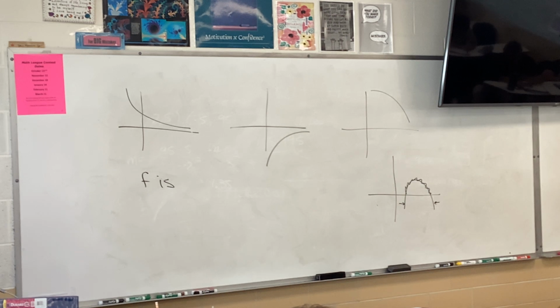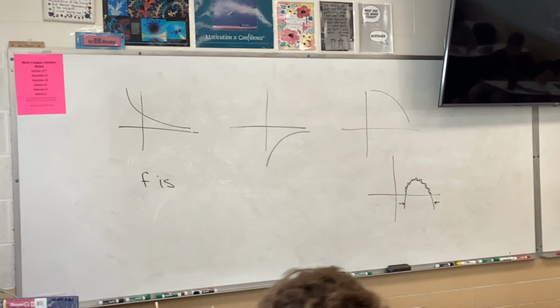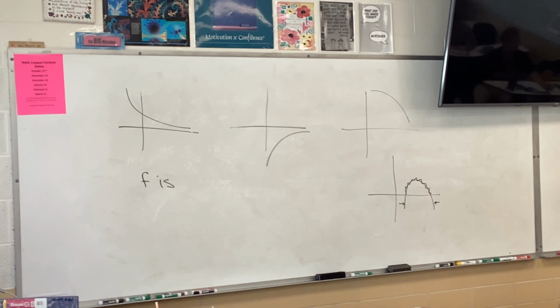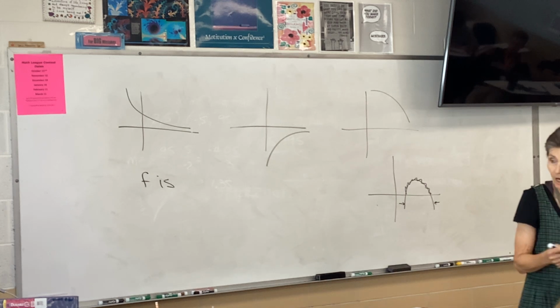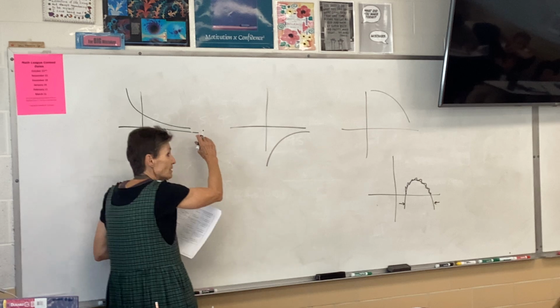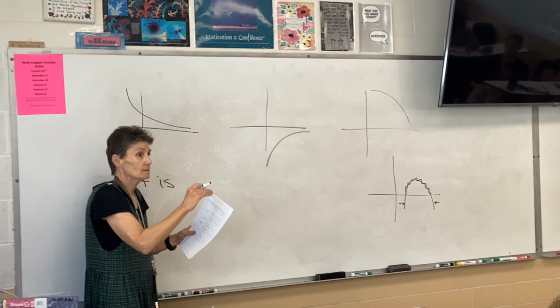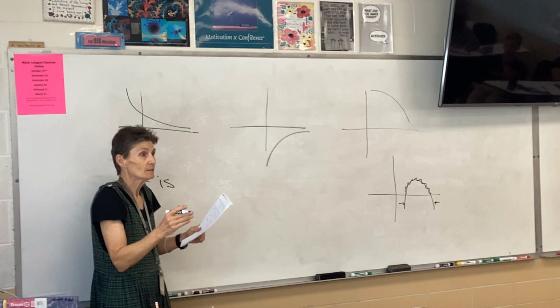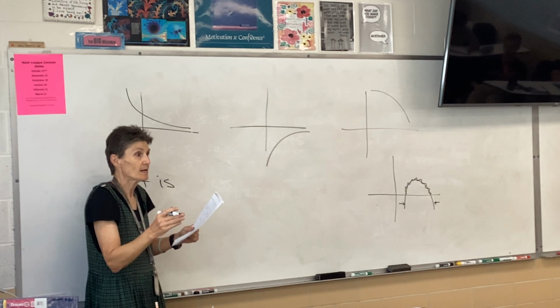It's positive and decreasing. The other 2 deal with the slope, the rate of change. The rate of change is negative and increasing, becoming less negative because it's concave up.